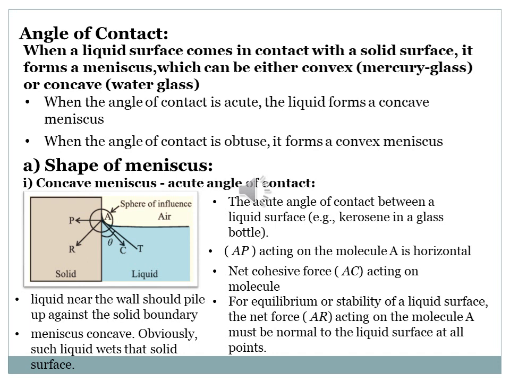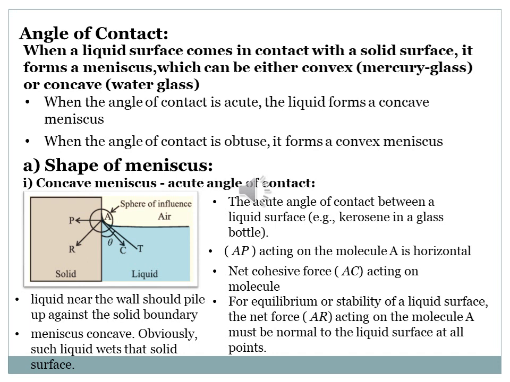So the force created is nothing but force of cohesion. Now when two different substances come in contact with each other, they form force of adhesion. So when liquid comes in contact with solid, the force created between them is force of adhesion.